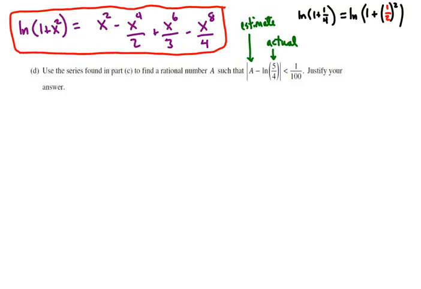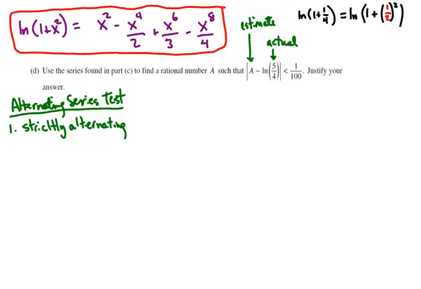Now, we're trying to work with the error of an alternating series. The error for an alternating series behaves differently than the error for a standard, typical type of Taylor series. And if we recall the alternating series test, there are three criteria that an alternating series must meet in order to be convergent.